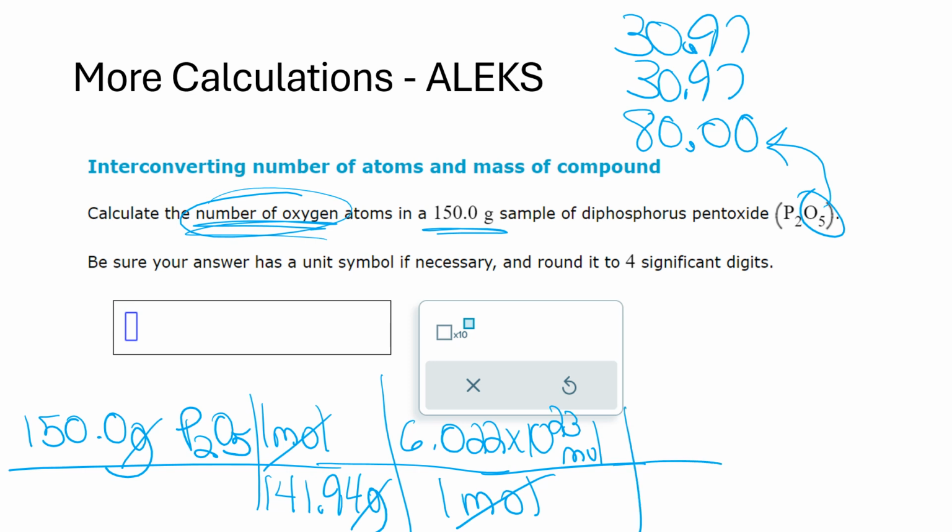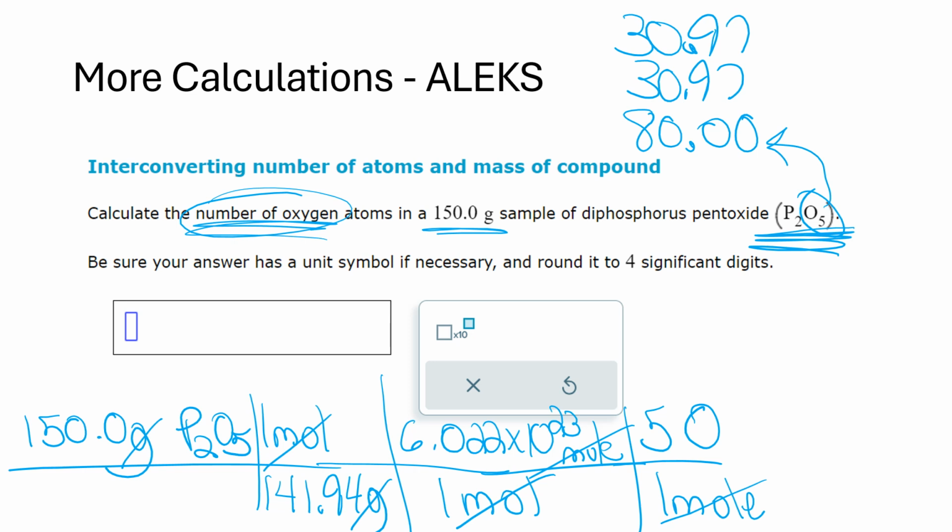Lastly, it asks for number of oxygen atoms. Every molecule of diphosphorus pentaoxide has 5 oxygens in it per 1 molecule. That cancels out, and then we'll multiply by 5.